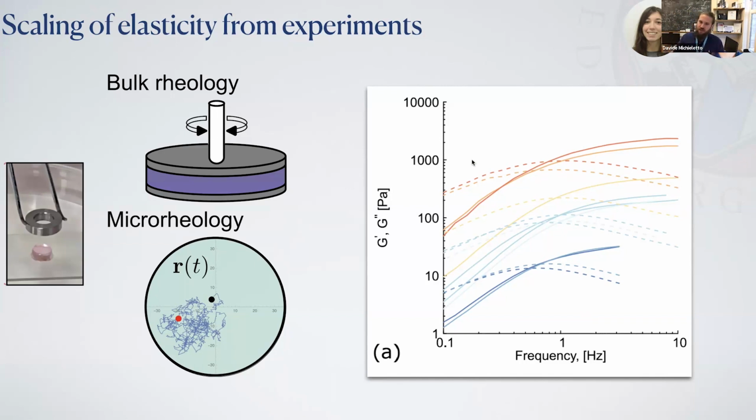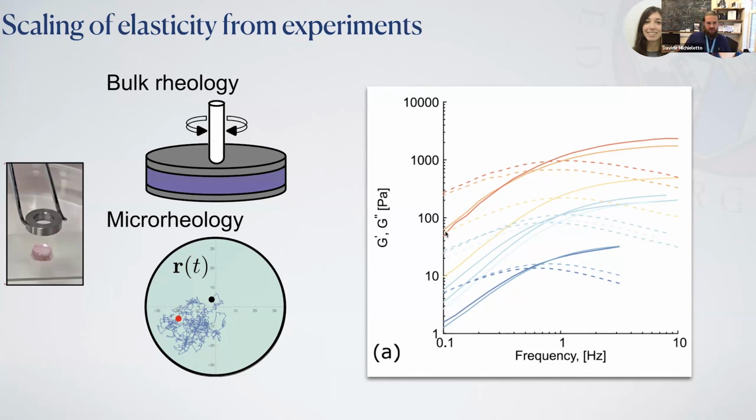On the other end of the scale, if I move my plate more slowly, at 0.1 Hertz, so only once every 10 seconds, the system is dominated by viscosity, by this dashed line, and elasticity is less important. What this is telling you is that the hydrogel is flowing over time, so it's viscoelastic: you can bounce on it very quickly, but if you put your hand on it, it will slowly melt into a puddle.